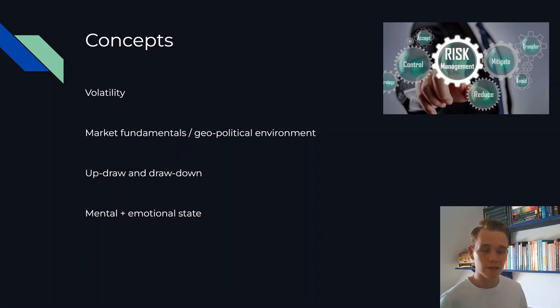You need to be executing and analyzing the markets in a balanced and neutral mind state, from a mental perspective and an emotional perspective, that doesn't cloud our judgment, especially going back to the drawdown and the updraw.